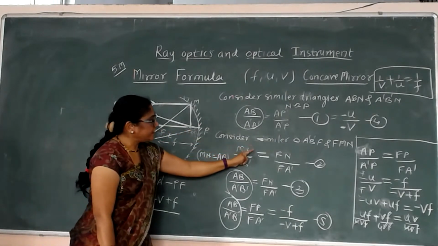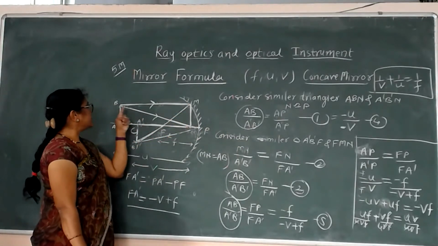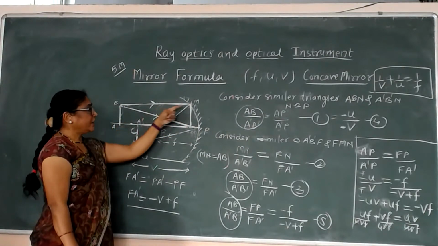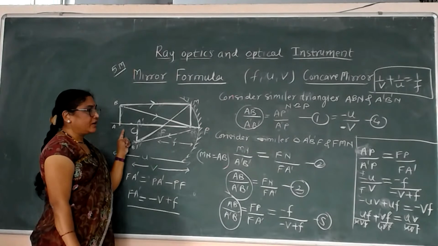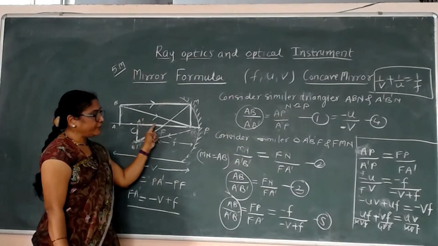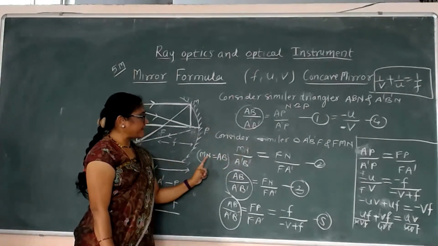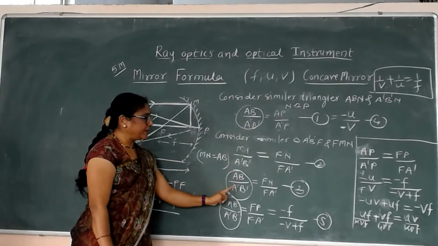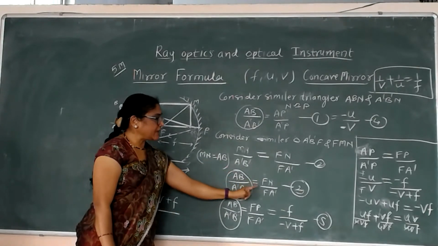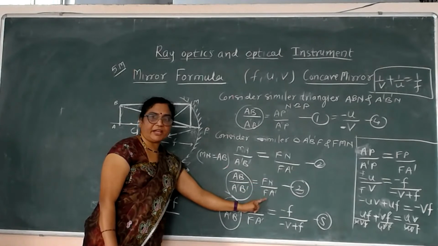So here MN is parallel to AB. So replace this value: MN is equal to AB. Therefore, AB divided by A dash B dash is equal to FN divided by FA dash.